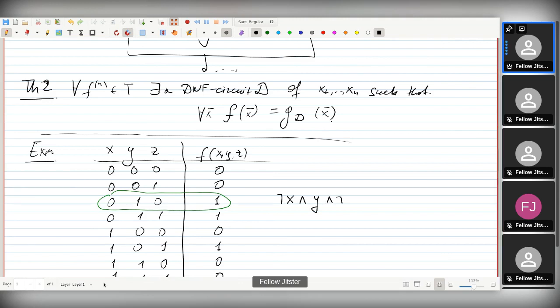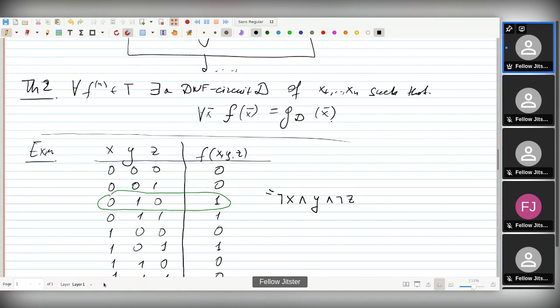And I will negate z as well. So let us consider this conjunction. This conjunction uniquely describes this tuple.